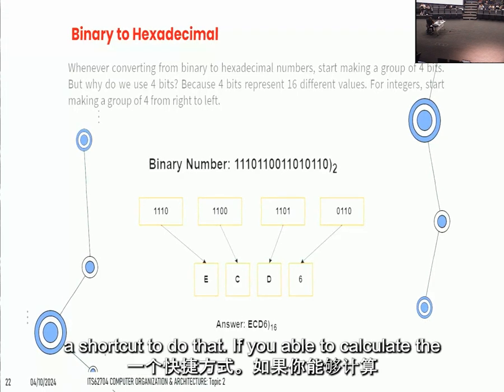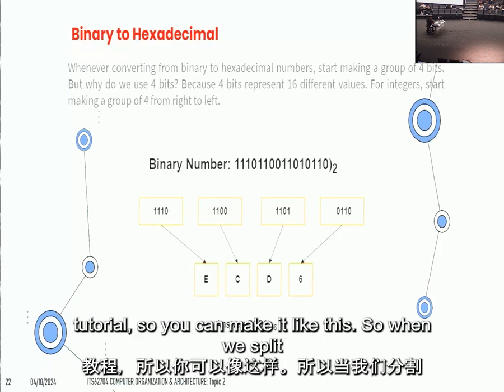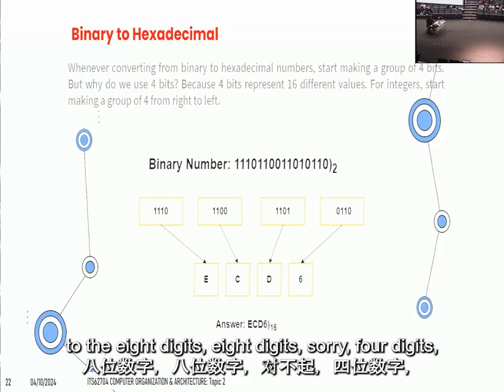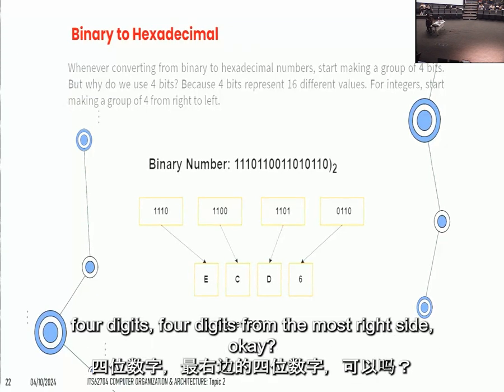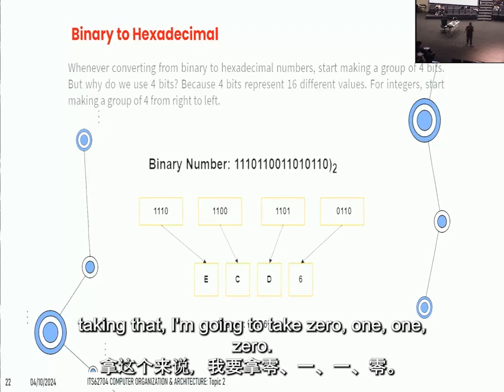If you are able to calculate the binary number increments, as I showed you in the tutorial, you can make it like this. When we split into 4 digits from the most right side, we need to convert the most right side, which is 0, 1, 1, 0.